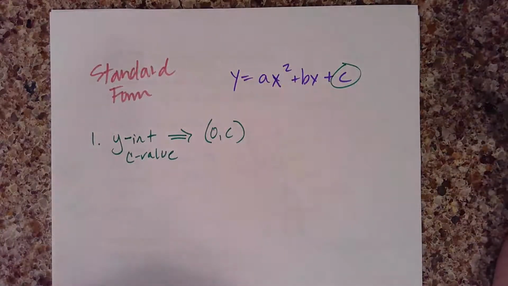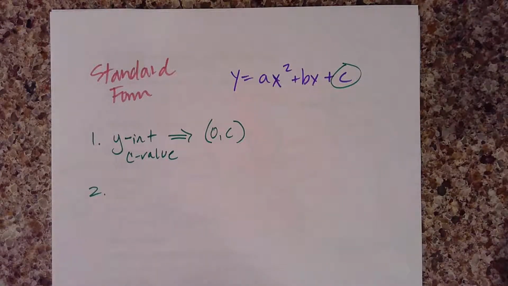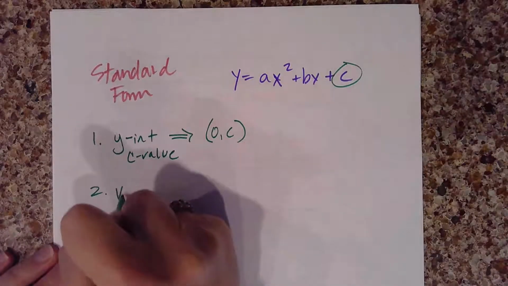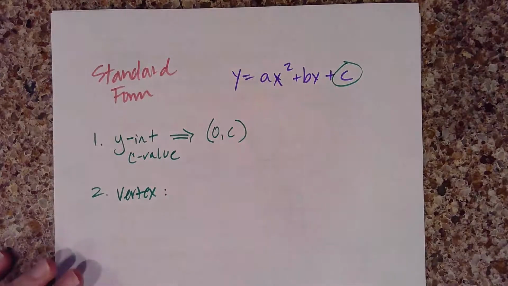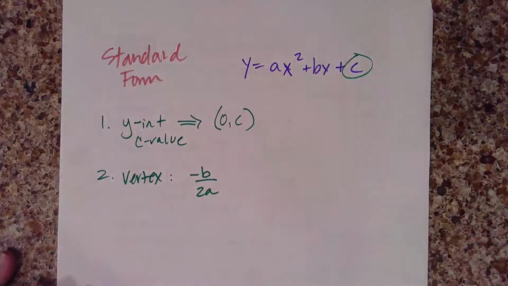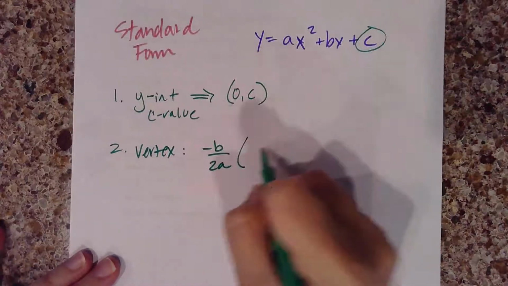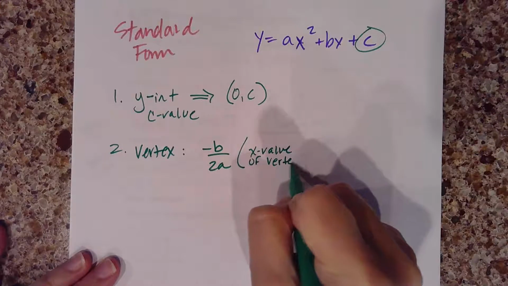So I always write that down as something that you're given. You also need to know, in order to be able to graph a function that's in standard form, where the vertex is. So you probably learned this before, but there's a formula to figure out the vertex. And it goes like this: -b over 2a. This gives you the x value of your vertex.